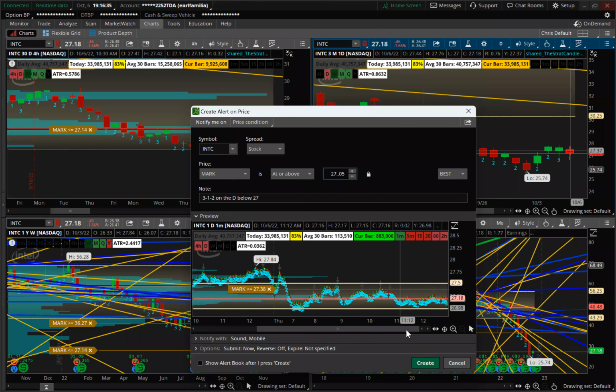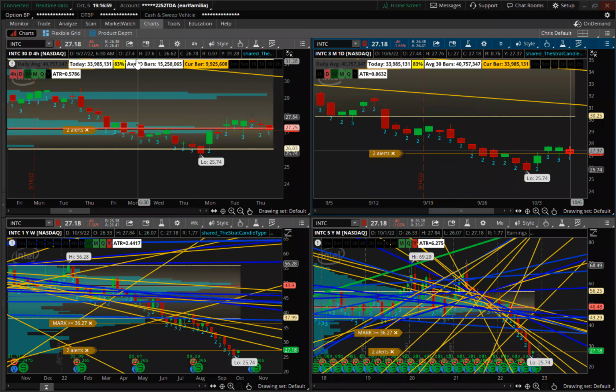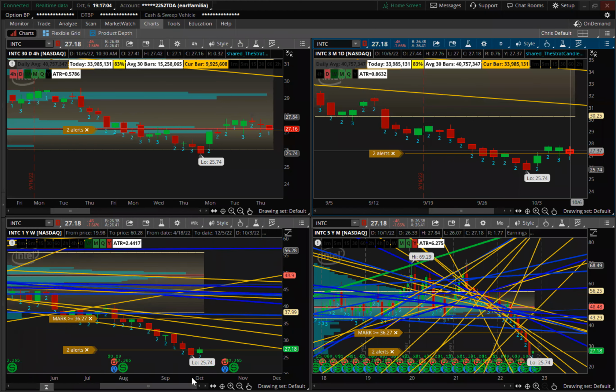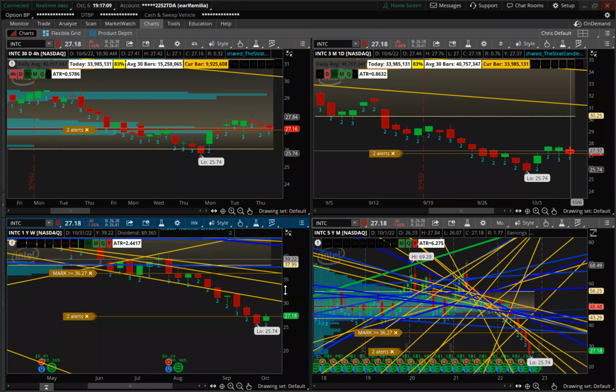Okay. $27. All right, what happened there? So that failed 2 up on Intel looks spicy to me. So we might be able to short this one into oblivion. So we'll take a closer look at that one tonight.